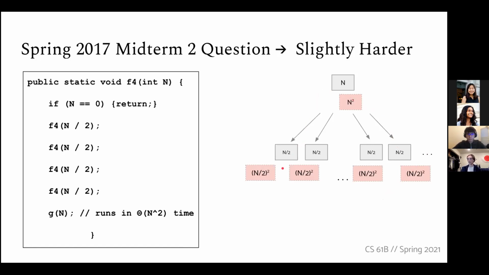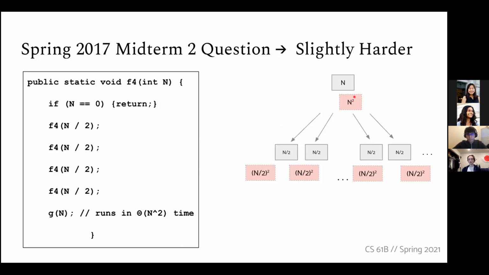Because we are growing by 4 at each level, we are creating a multiple of 4 nodes per layer, but our amount of work done is also decreasing in a very similar fashion. Because we have this n over 2, and then we square that work, they're canceling out. So the more nodes that we create, the work is evenly distributed between all of these nodes. So at each layer, we're going to be doing n squared work.